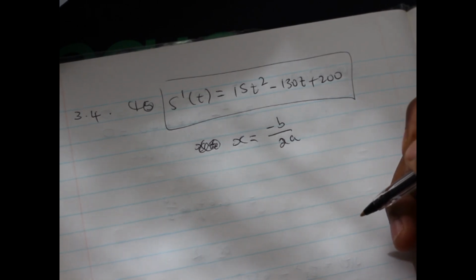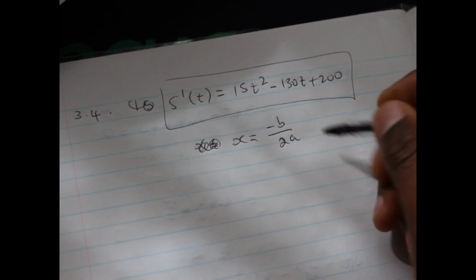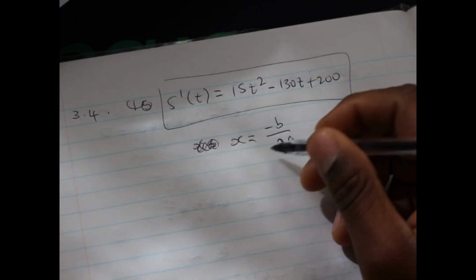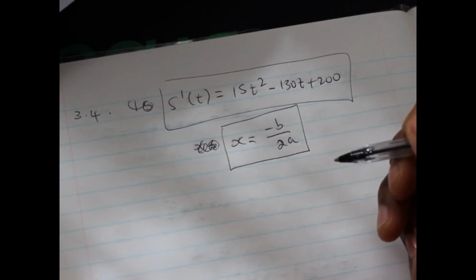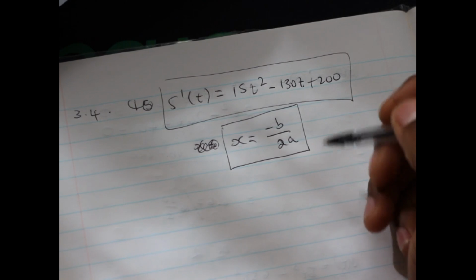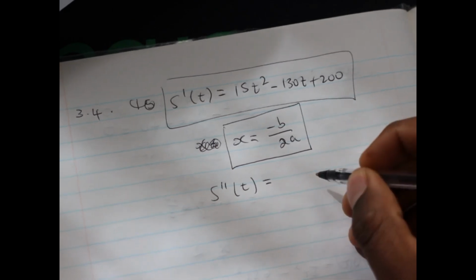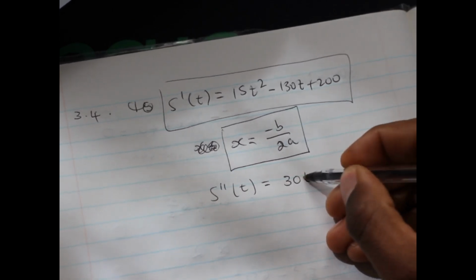But in grade 12 we use calculus, right? So in other words, this is not necessary, although it works. It takes a little bit of time, to be honest with you. This is what we were using in grade 11, but now we're going to be using calculus. So we're just going to derive our rate of change one more time, and then we're going to find this function here.